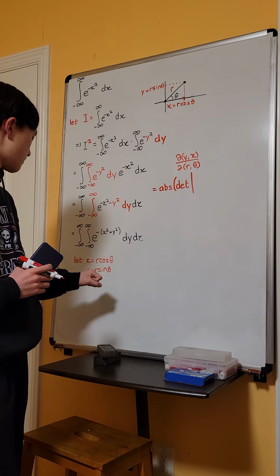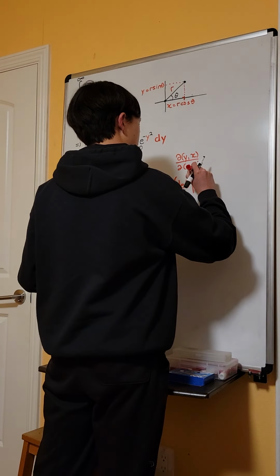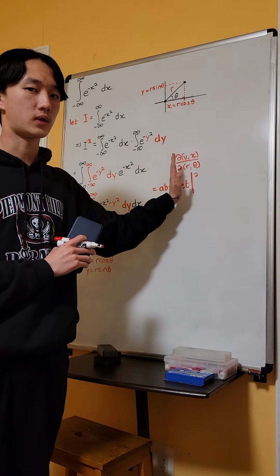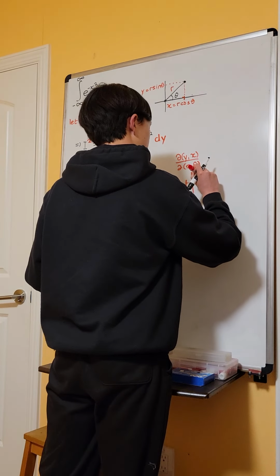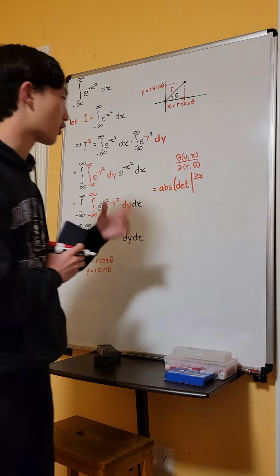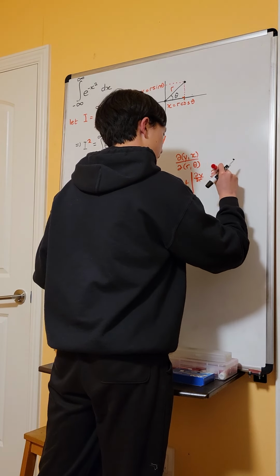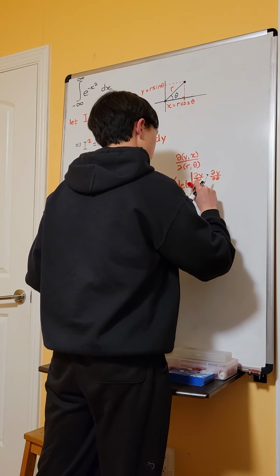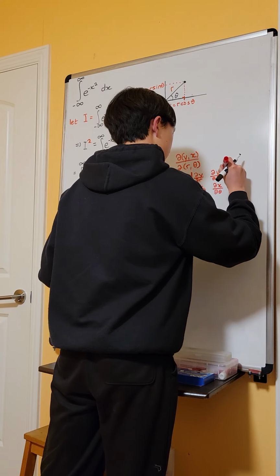So we would have partial y in the first row, and partial r in the first column. So partial y, partial r, partial y, partial theta, and then here you have partial x, partial r, and then partial x, partial theta.